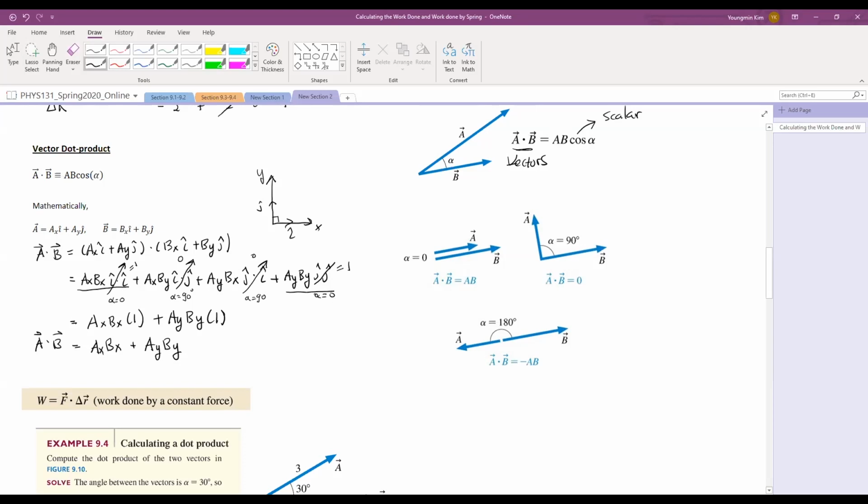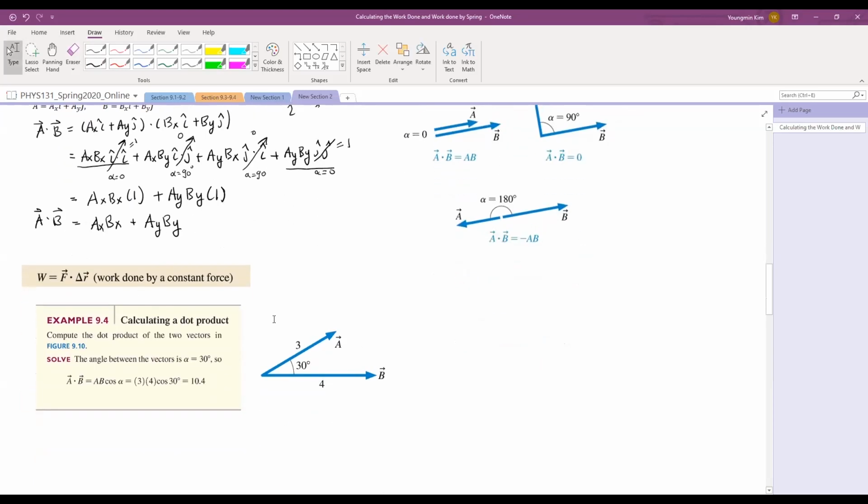Okay, so remember that we said that the work done by a force that has an angle between the force and the displacement can be written as F cosine theta times the displacement here, right? Here the dot is a multiplication, so these are scalars, not vectors.